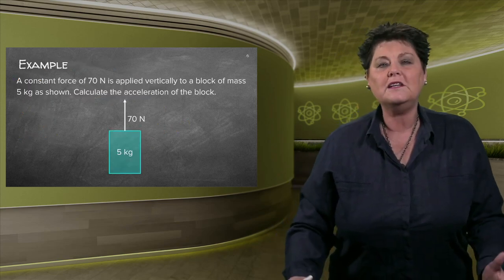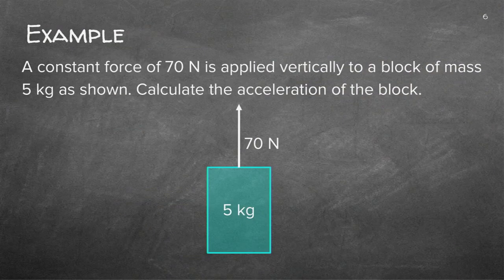An example is, for instance, a constant force of 70 Newton is applied vertically to a block. So you've got a rope or a cable attached to this 5 kilogram block and you're pulling it up, and the force is 70 Newton. So we know the tension is 70 Newtons.